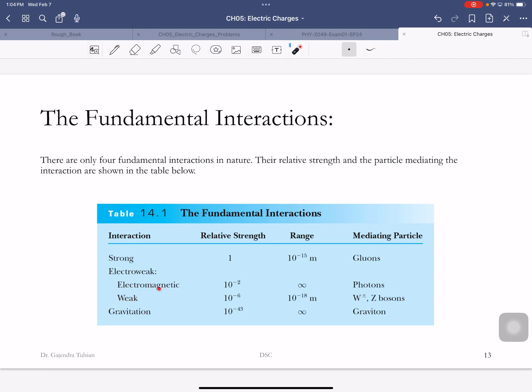We are studying the electromagnetic force right now. Actually, we're just studying the electrostatic force, but like I said, the electric and magnetic forces are cousins, so they're lumped together as the electromagnetic force.